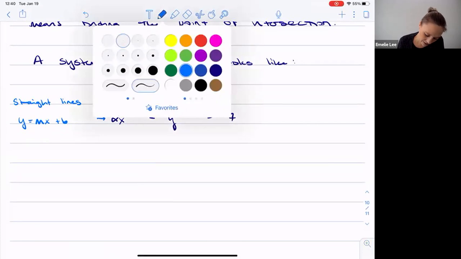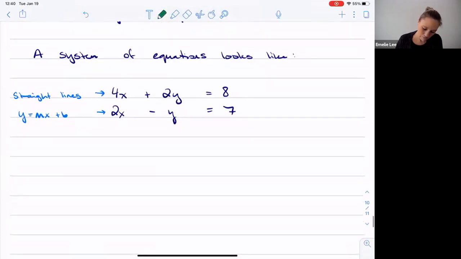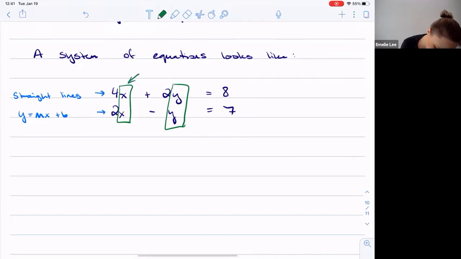Now, here, right, we've got our x's and our y's. We have two unknowns, x and y. Two equations, two unknowns. So if you have to solve for two unknowns, you're going to need two equations.